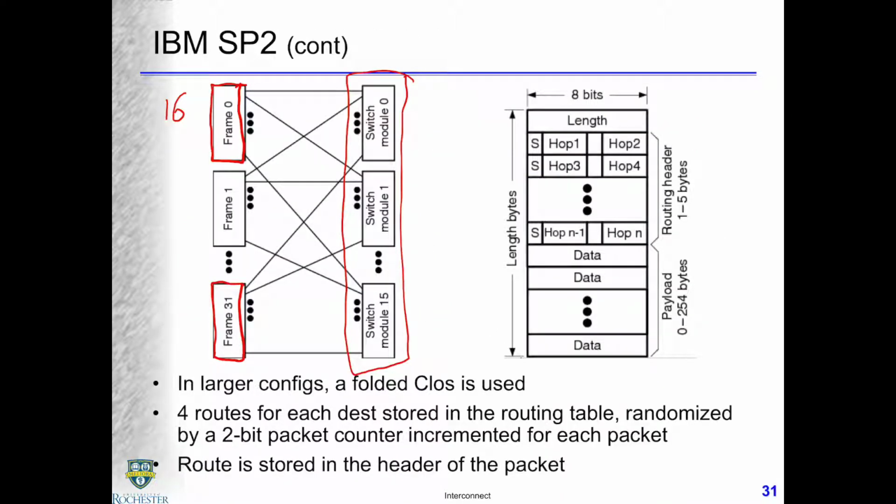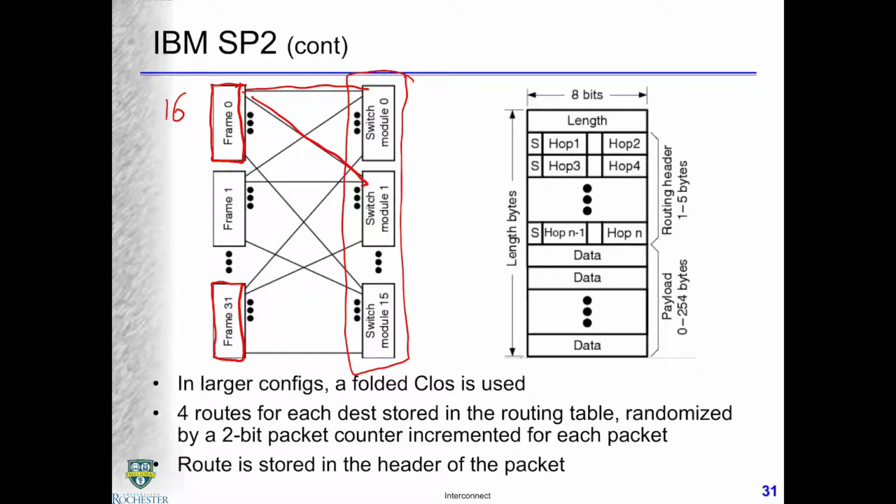That's what allows you to connect to 16 switch modules. So one to switch module 1, another to switch module 0, 1, and so on. So the maximum you can connect is 16 by 32, and that's 512 nodes. Now, if you buy something smaller than that, let's say I want 16 of those, then you double up.